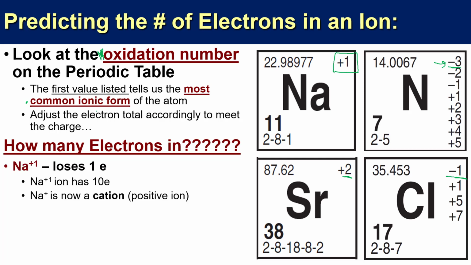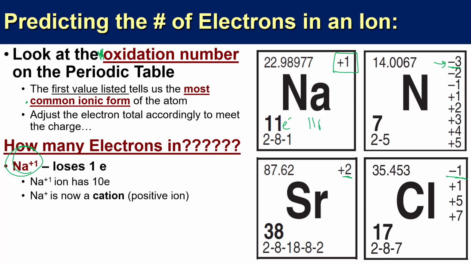So if we came across a sodium ion, we know that it will lose one electron to become more positive. We know that sodium, when it is neutral, has 11 electrons because the atomic number equals the number of protons, which should equal the number of electrons. If it became a sodium plus 1 ion, that means it lost 1 electron to become more positive.